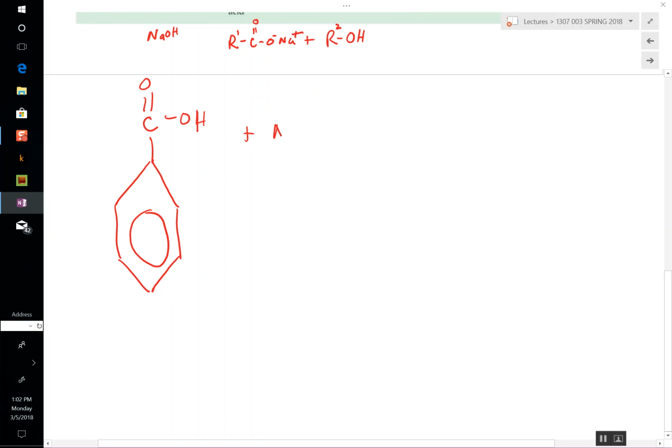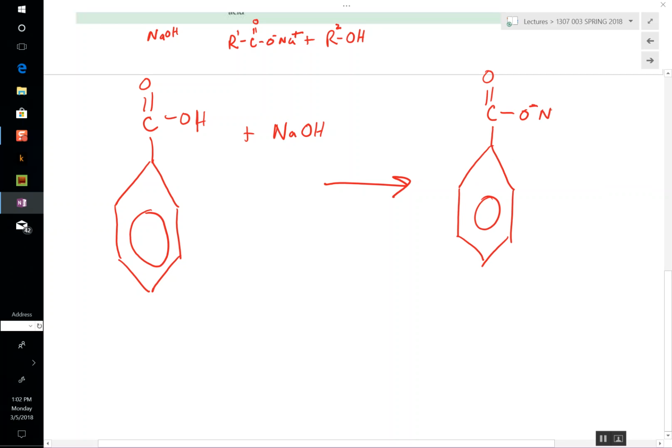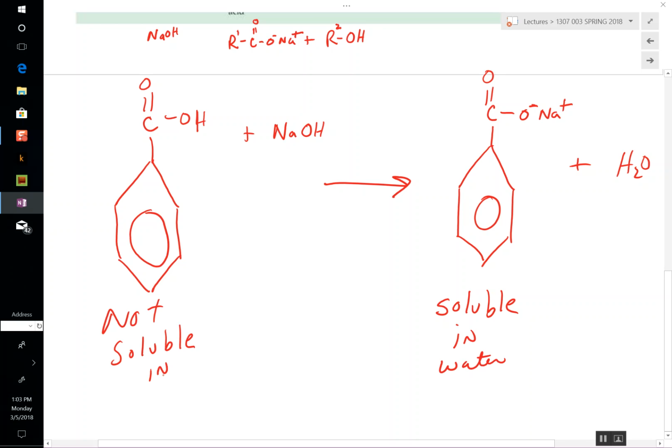But if you take that and react it with sodium hydroxide, what you get is this and water, and this is soluble in water, not soluble in water.